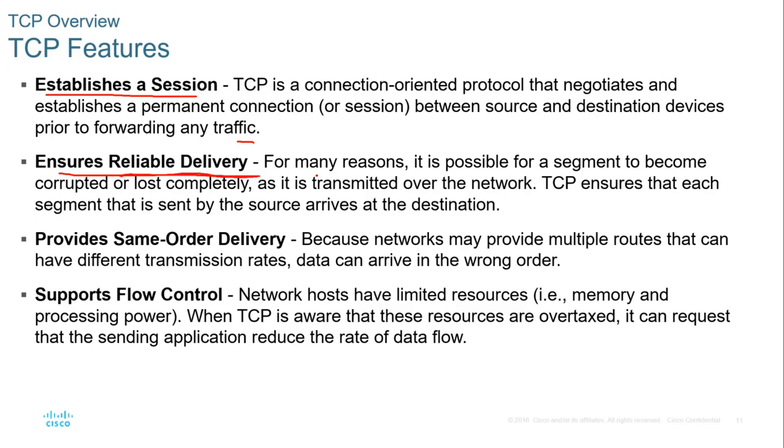When TCP is aware that these resources are overtaxed, it can request that the sending application reduce the rate of data, and the sending device starts sending less than what it was sending before.